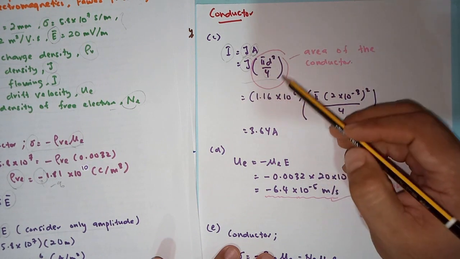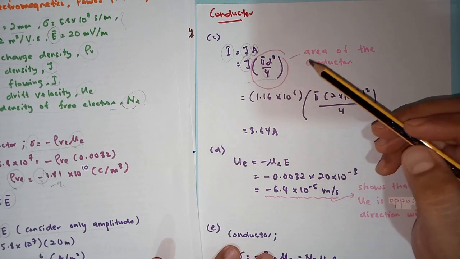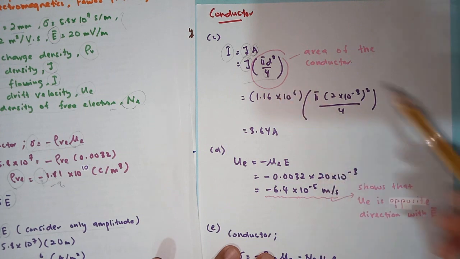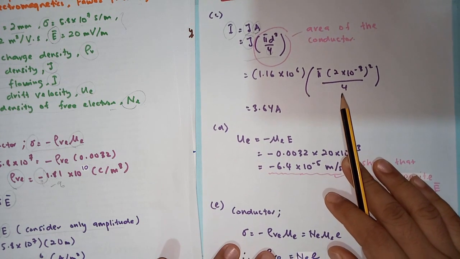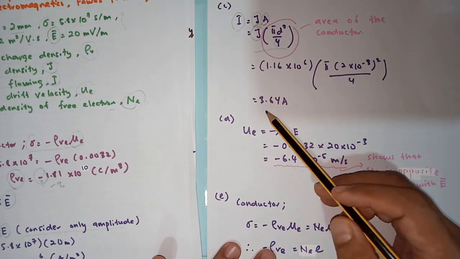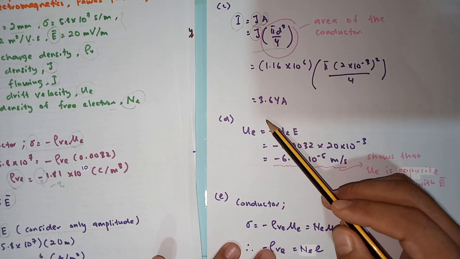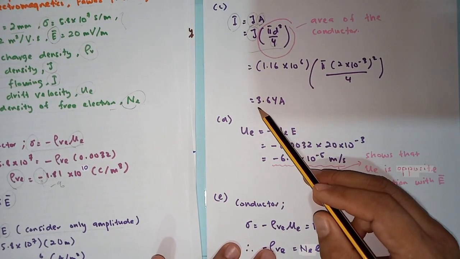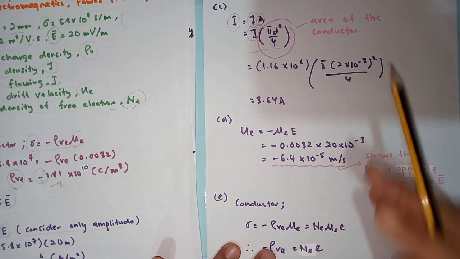Considering that the shape of the conductor is cylindrical, when we put all the values together, the current flowing in that particular conductor is equal to 3.64 ampere.